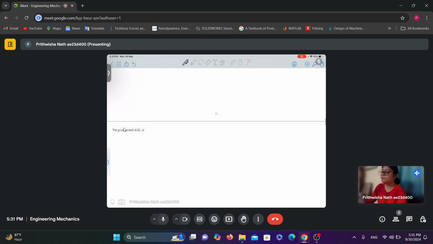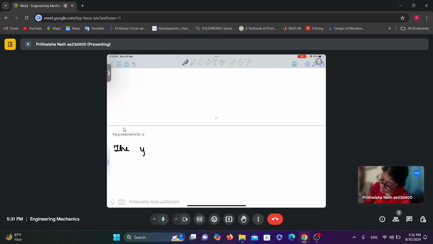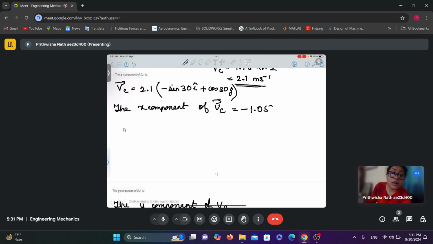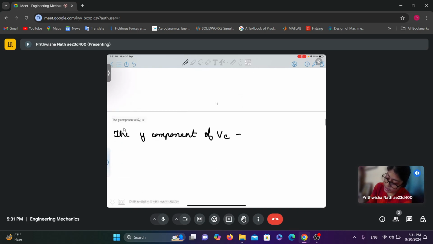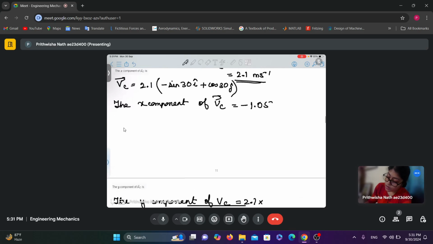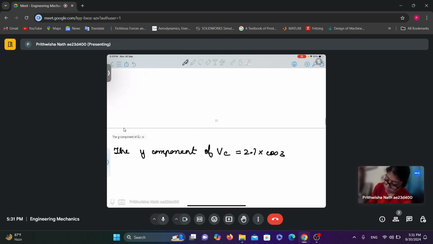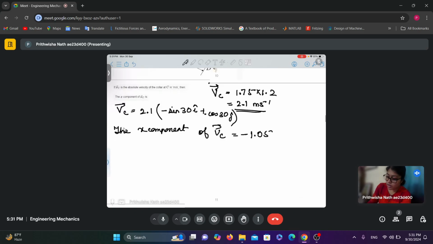And for the next part we are asked to find the y component of VC. The y component of VC is nothing but this part, the j term, that is 2.1 into cos of 30, that is 1.82. So this is the answer and this is the answer.